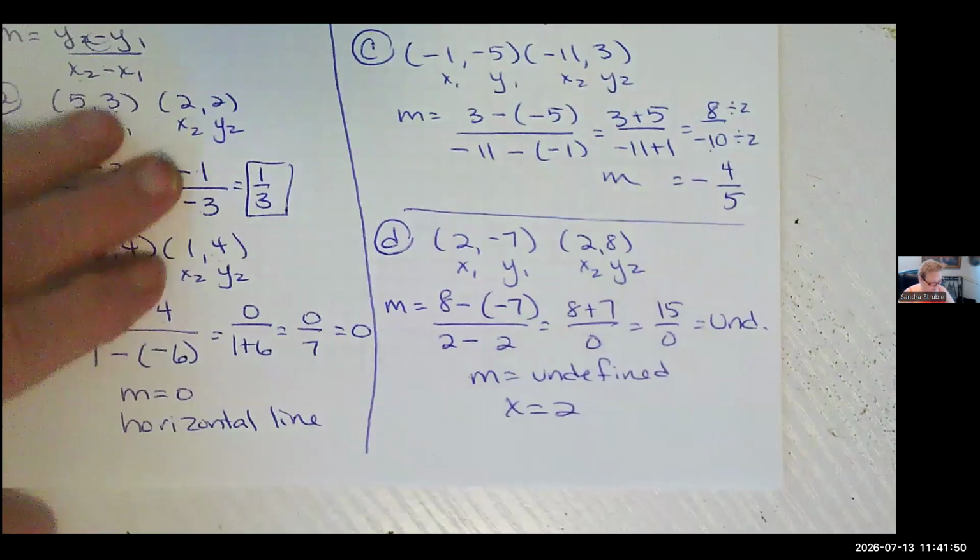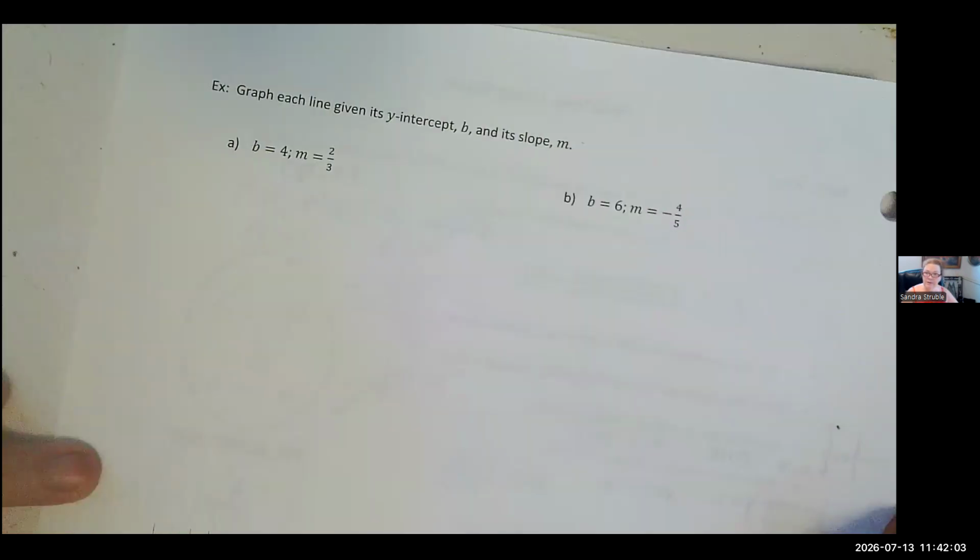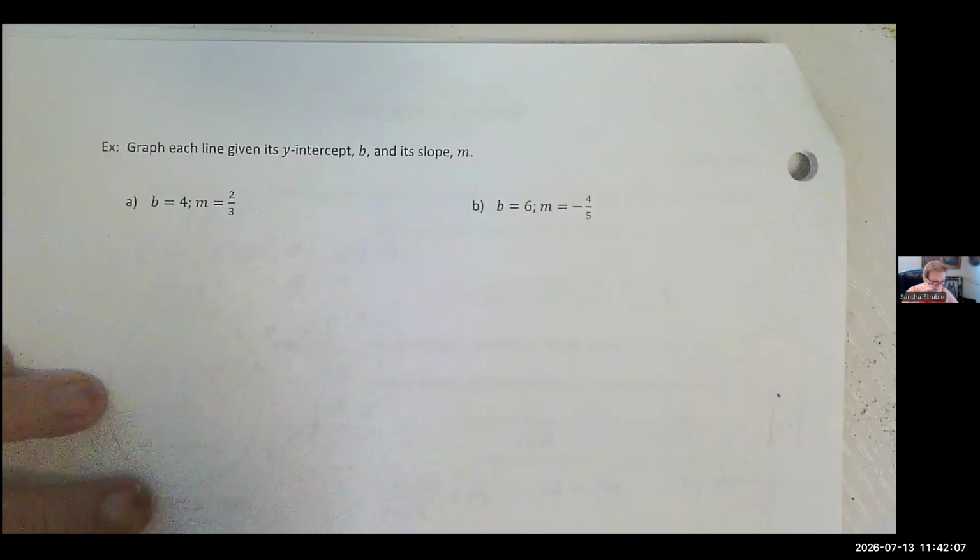All right. So in part 1, graph each line given its y-intercept b and its slope m. So the way a line is written, and I'm going to go ahead and throw this out there, is y equals mx plus b.